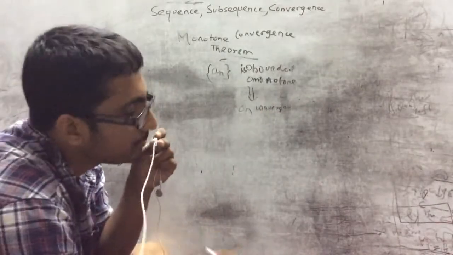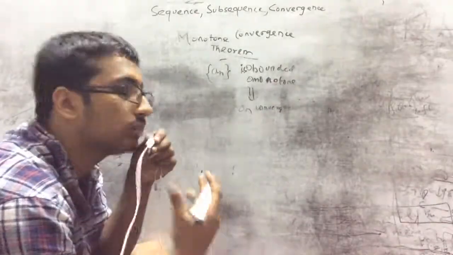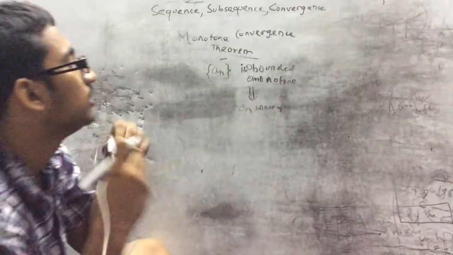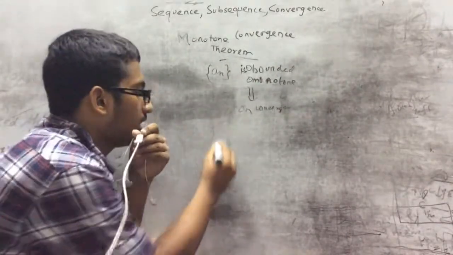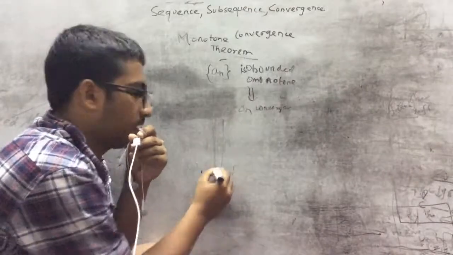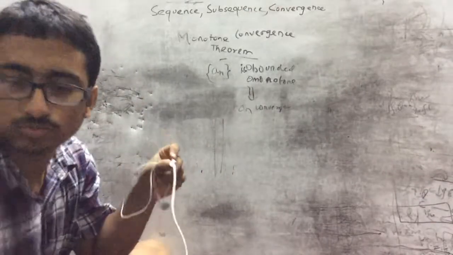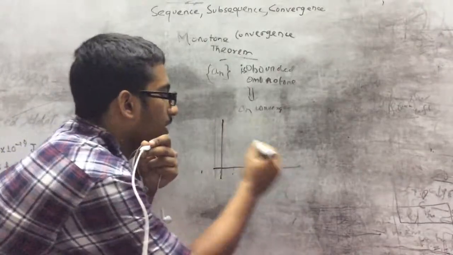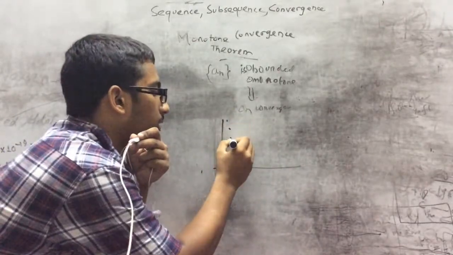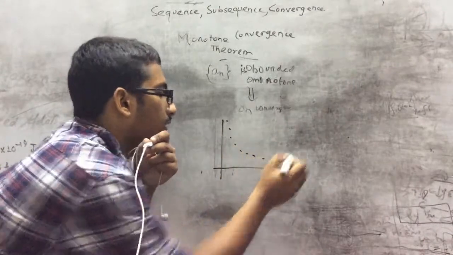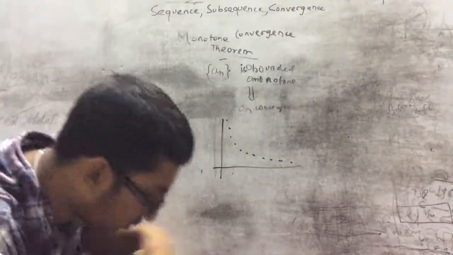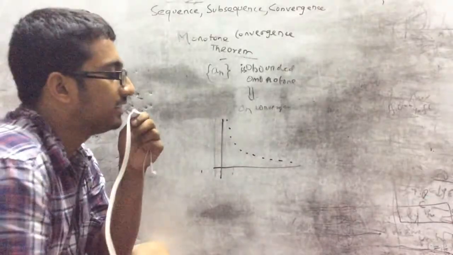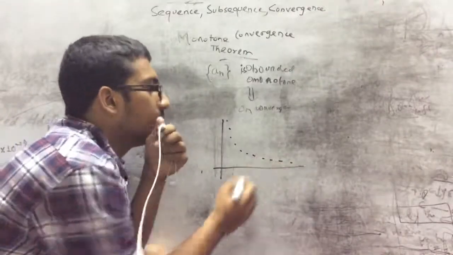Actually, to which limit it converges is not formally done in this lecture course, but it is how it is. So take the sequence 1 by n. See, 0 is the limit, right?